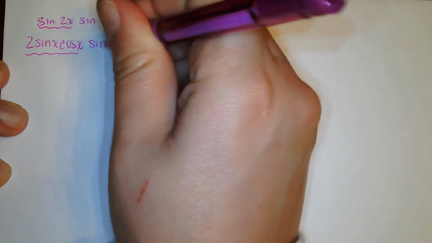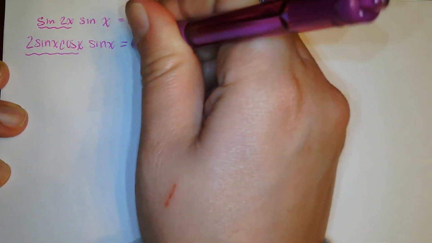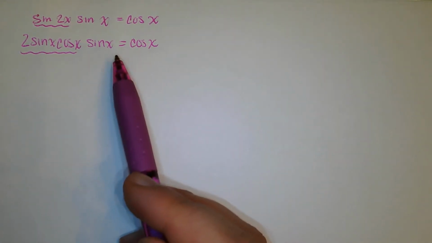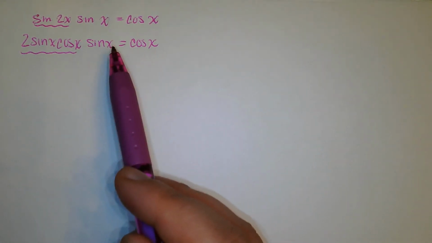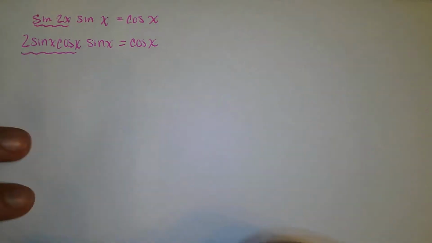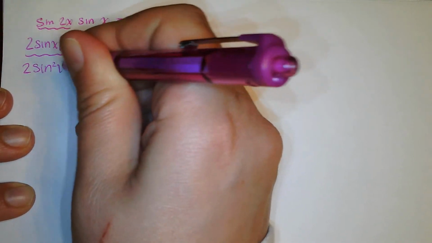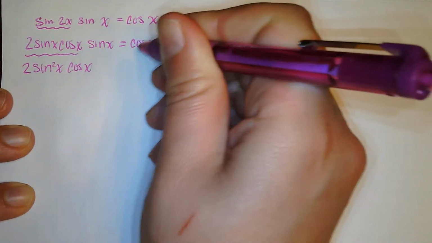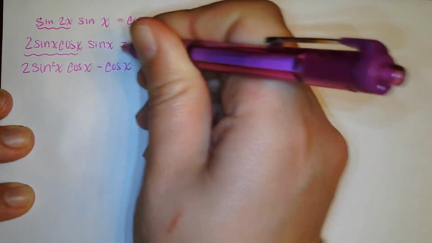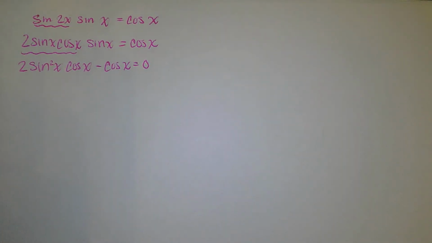This sine x is going to move right down, and that's going to equal cosine x. Now I'm thinking about factoring and solving, so I want to move the cosine x over to the other side and see what I can factor. I'm going to put the two sine x's together, so 2 sine squared x minus cosine x, because I moved it to the other side, equals 0.